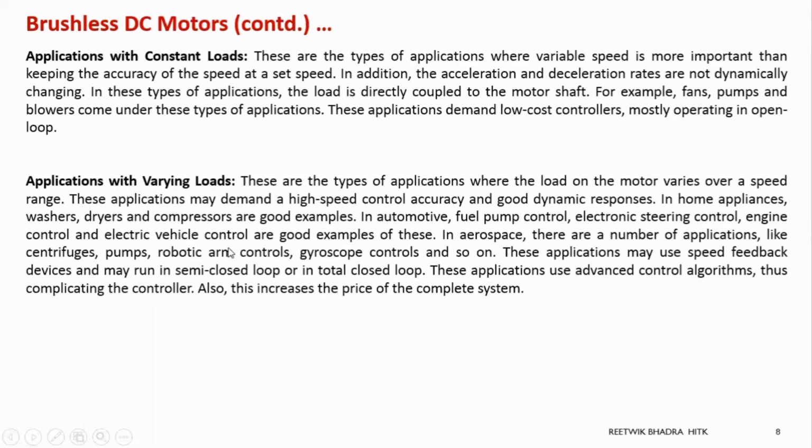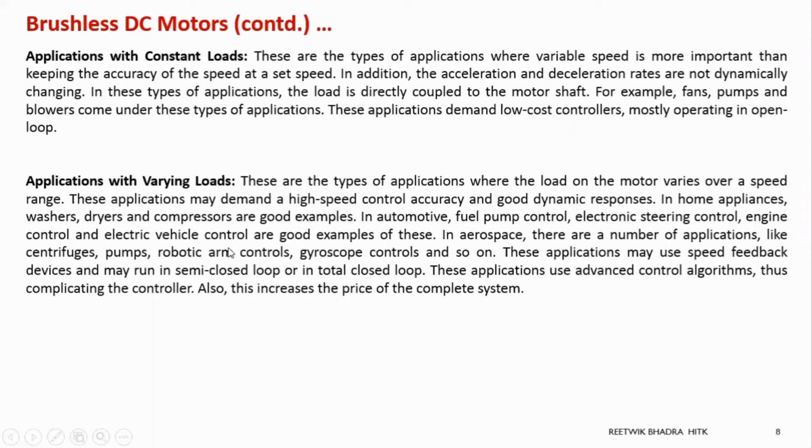Now, constant load, what is happening in constant load? If you think about a constant load, it means the speed is constant over here. It is not changing. You could take an example of a fan or the pumps which we have at home. The speed of the machine does not change abruptly. You have to come to the switchboard, change the knob and change the speed.